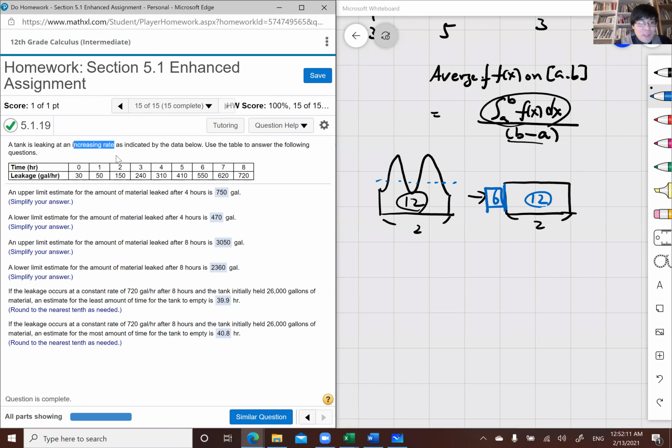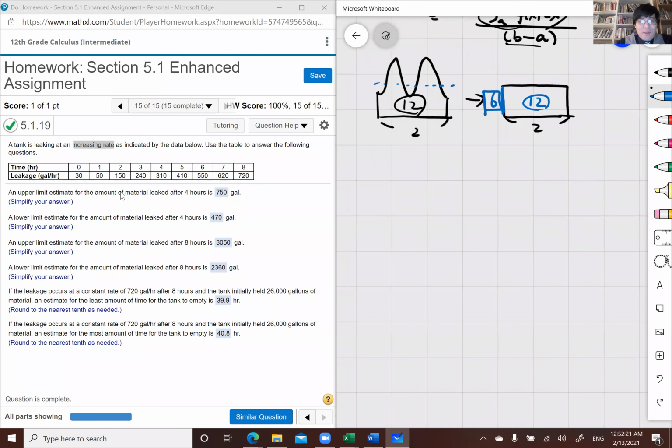Find an upper limit estimate for the amount of material leaked after 4 hours. So we know the speed of the leakage, the speed of the total material leaked.